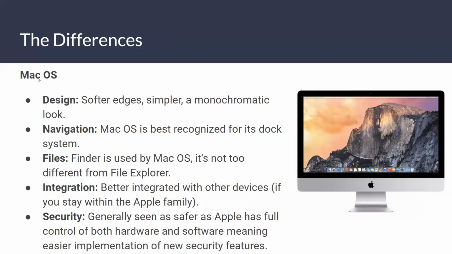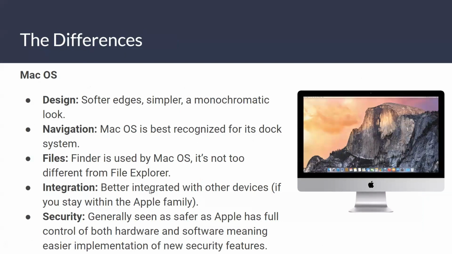The differences: Mac OS design: softer edges, simpler, and a monochromatic look. Navigation: Mac OS is best recognized for its dock system. Files: Finder is used by Mac OS. It's not too different from File Explorer.